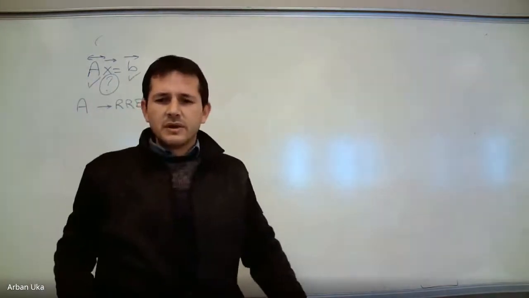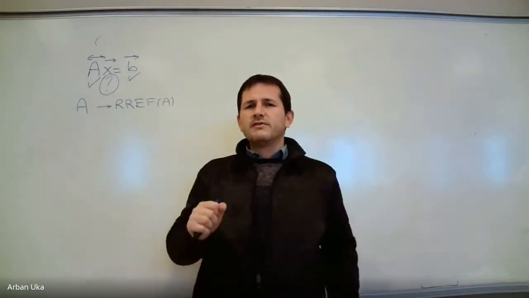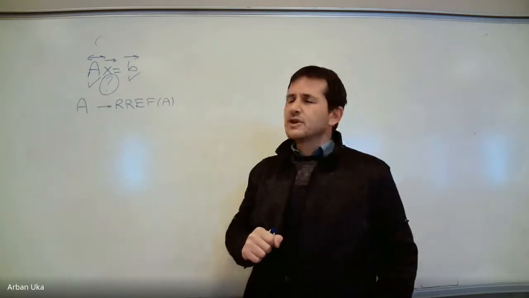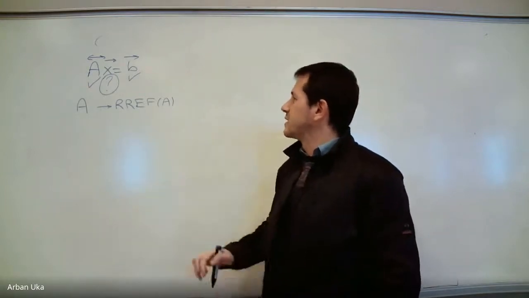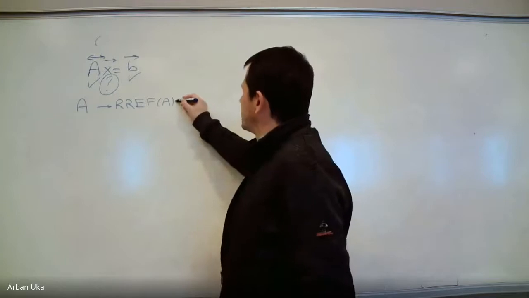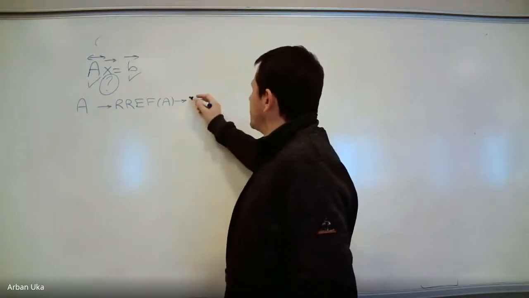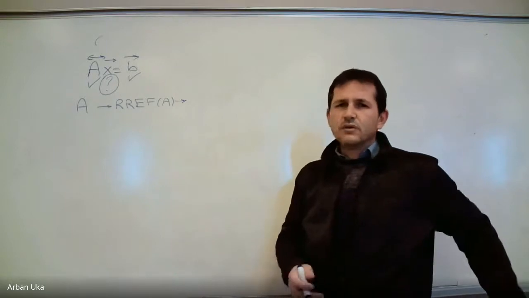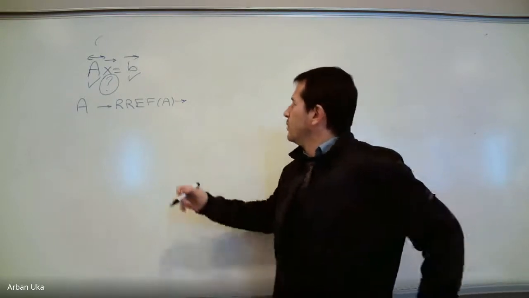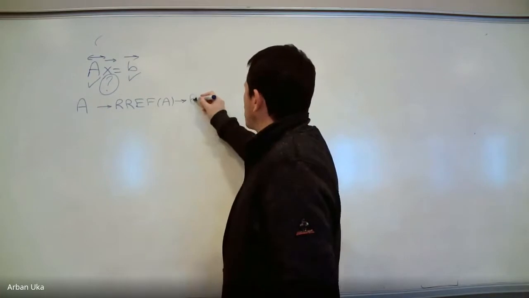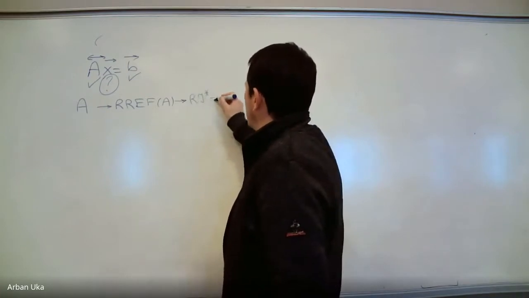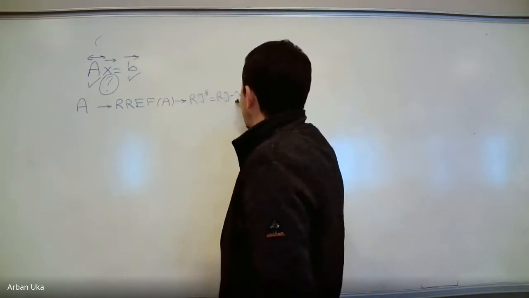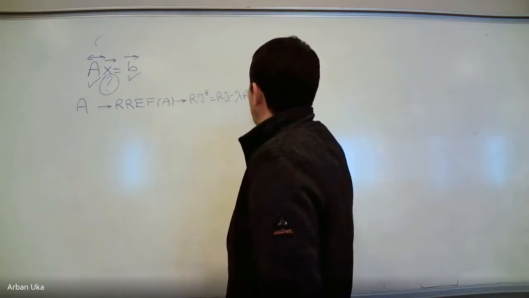It was a way to simplify all the information which is encoded in the data of a matrix. And what did we try to do? We tried to produce zeros, we tried to have leading ones, and we were using equations that looked like row j star is equal to row j minus lambda row i.